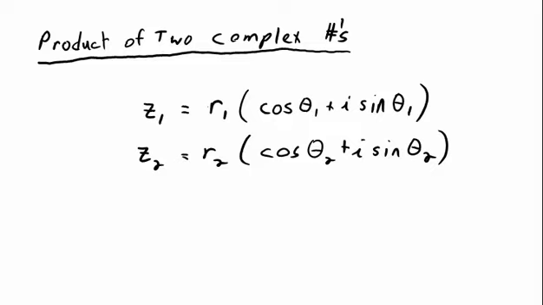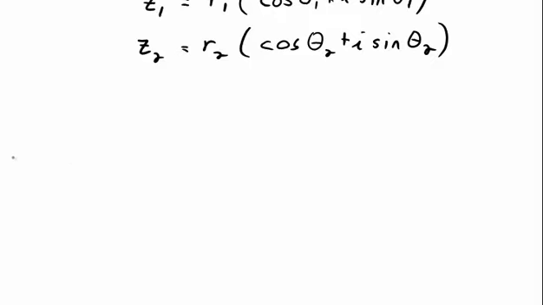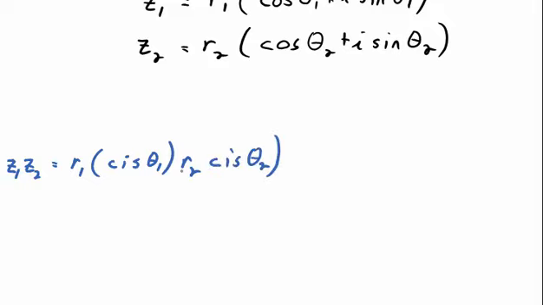So let's do that. So need some room here. z1 times z2 then. If I just write it out, it would be r1 times, I'm going to use the shorthand just for this first step, cis theta 1, right? And then r2 times cis theta 2. I'm not going to do anything in that first step, so it's nice to use the shorthand in that first step.